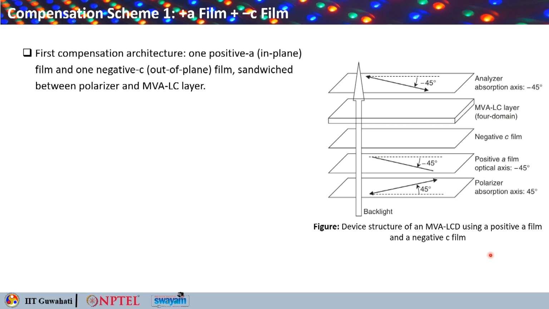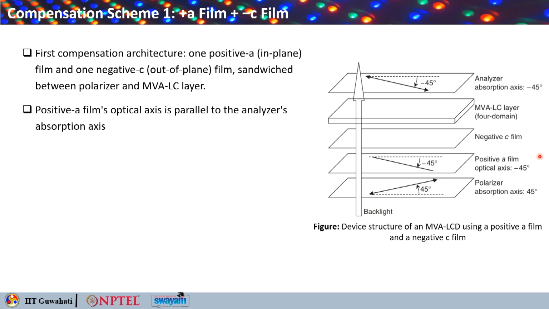This is the device structure of an MVA LCD using a positive A film and a negative C film. You have the polarizer absorption axis at 45 degrees, a positive A film with optical axis at minus 45 degrees, then a negative C film, and then the MVA LC layer, the four-domain one, and finally the analyzer absorption axis, which is also at minus 45 degrees.